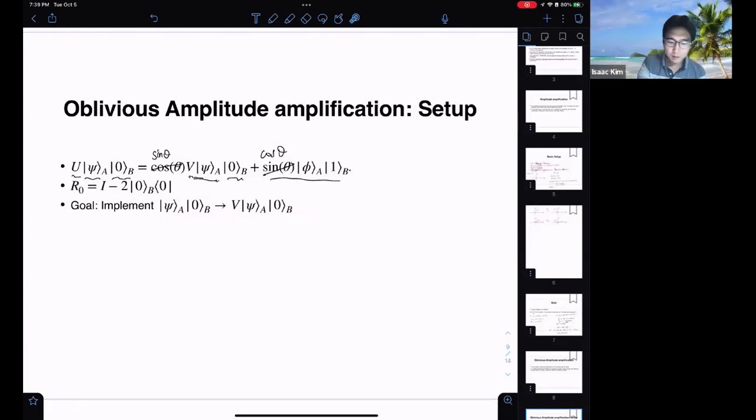So why is this relevant? It's because this is precisely the form that we had in this discussion about the linear combination of unitaries. So in the linear combination of unitaries, what we had was the following. Suppose you have this e to the minus i H t.